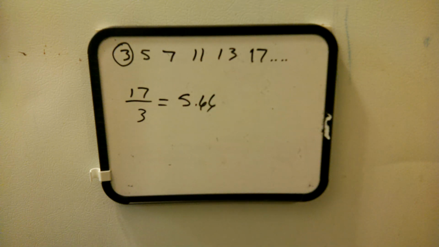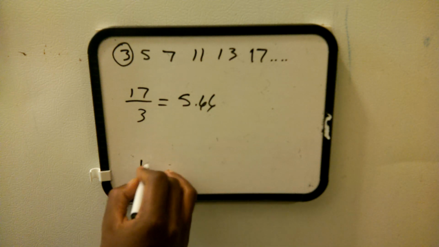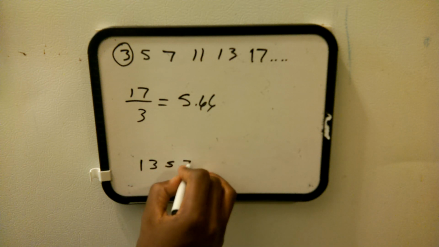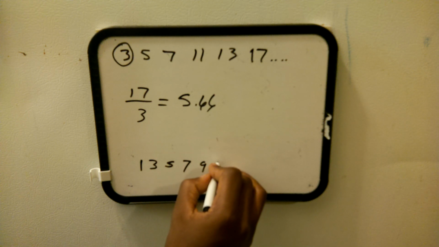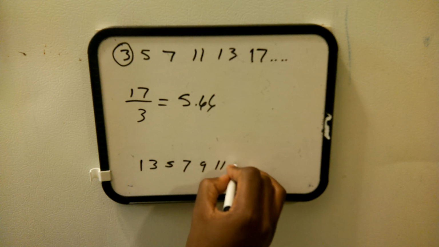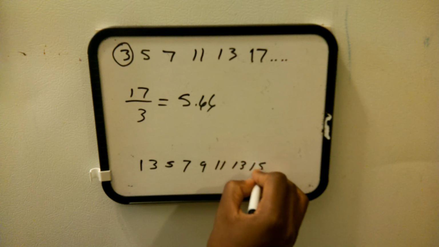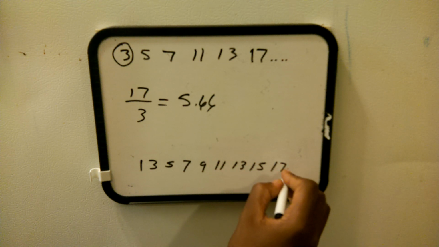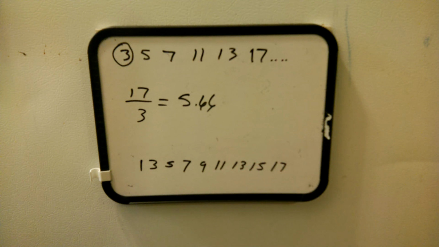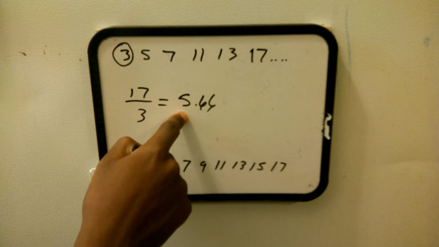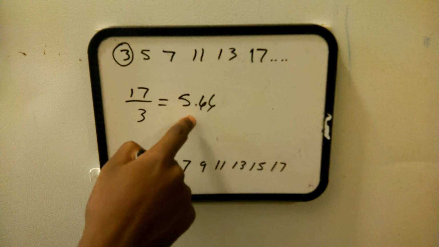5.66. Okay? So remember the odd numbers: 1, 3, 5, 7, 9, 11, 13, 15, 17. Okay? So what we want to do, to find the next prime number, is you take this and round to the nearest odd number.